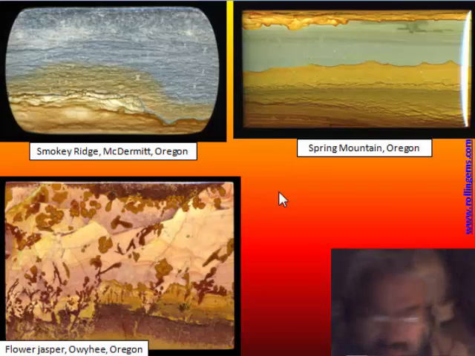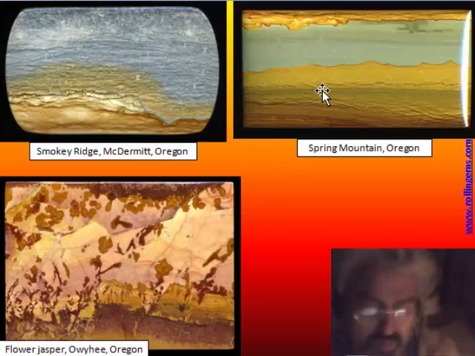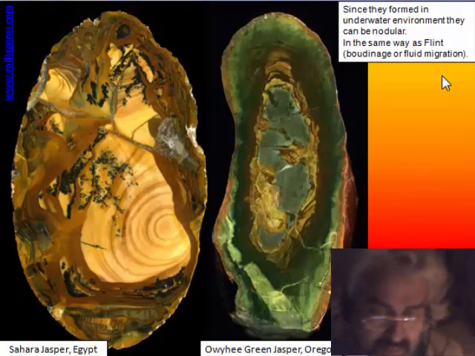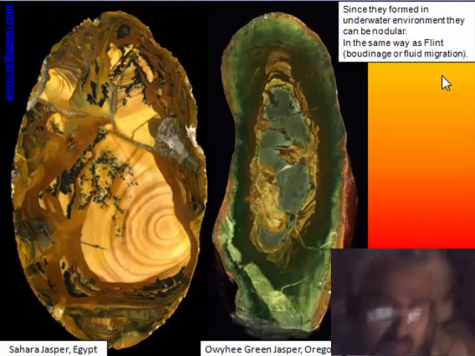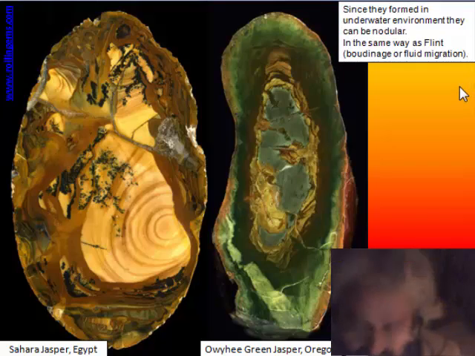There is a very big variety of Jasper in Oregon with this kind of pattern, but each one has its peculiar pattern and colors, so it's a huge variety. And since they are formed underwater, and at the same way as the flint, we have seen flint in the chapter about flint, that form nodule by boudinage.